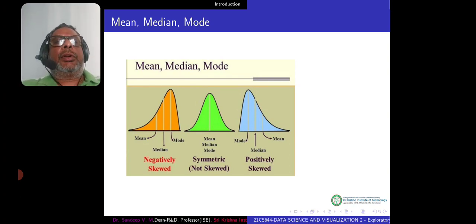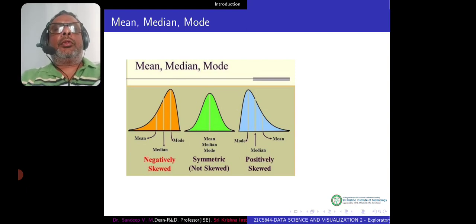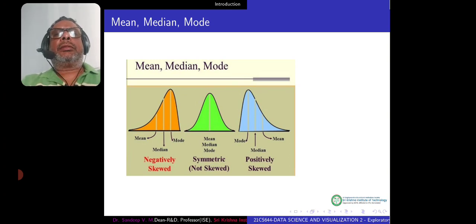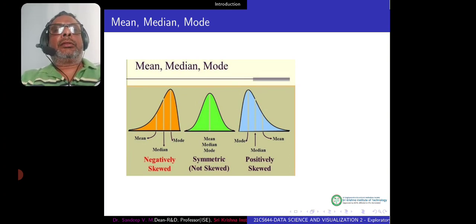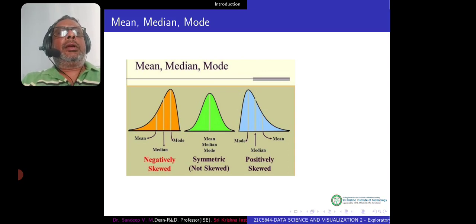So the mean is smaller than the median, and the median is smaller than the mode. The other way around, if it is positively skewed, the mode will be smaller than the median, and the median will be smaller than the mean.